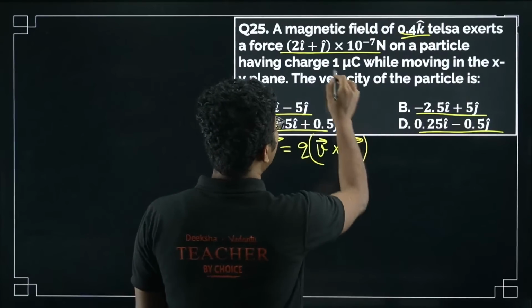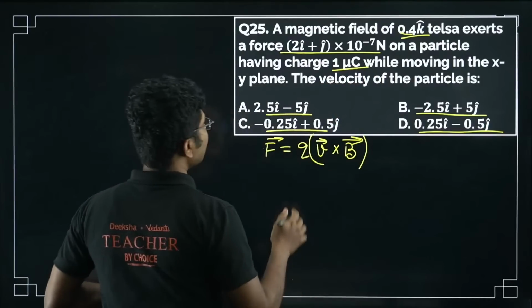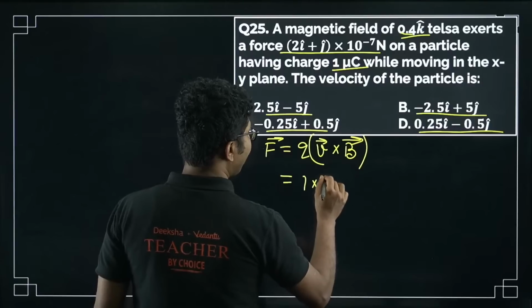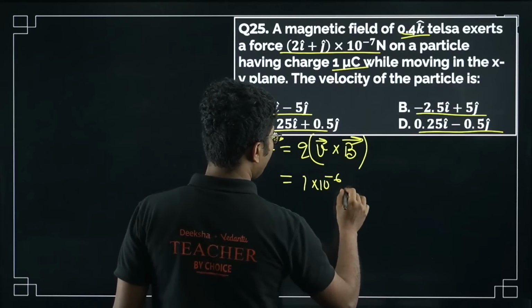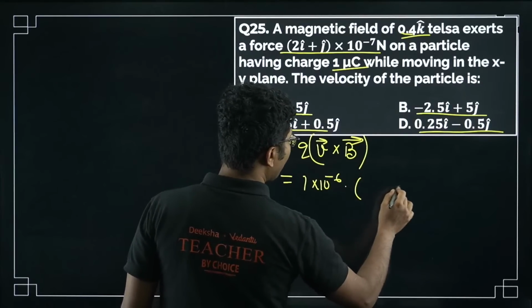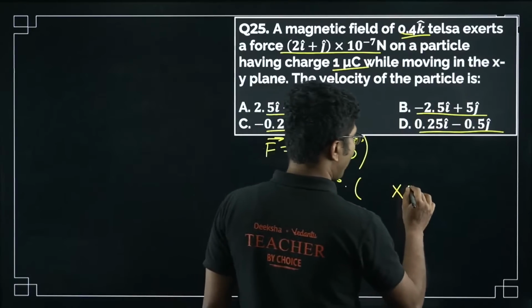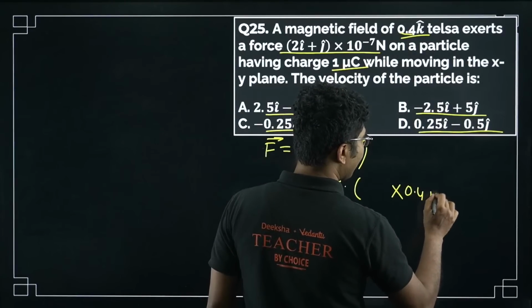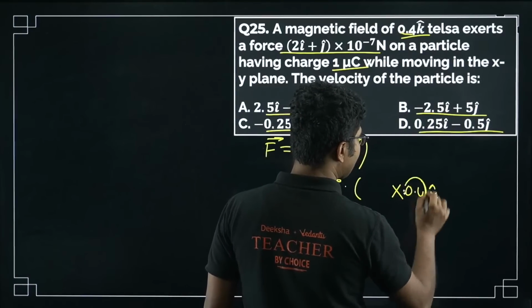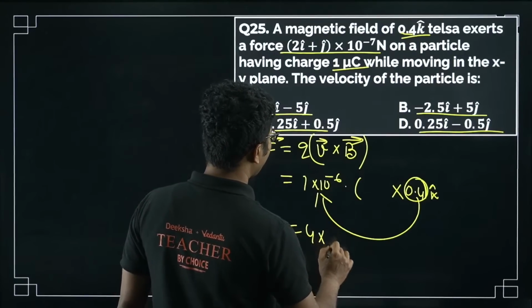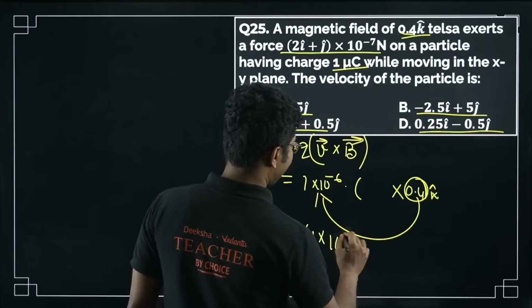That will be an easier option for you to solve it. Now charge is 1 microcoulomb, which means 1 into 10 to the power of minus 6. v we do not know. Magnetic field B is 0.4 k, so we keep the k, but transfer the 0.4 over here, so it will be 4 into 10 to the power of minus 7.